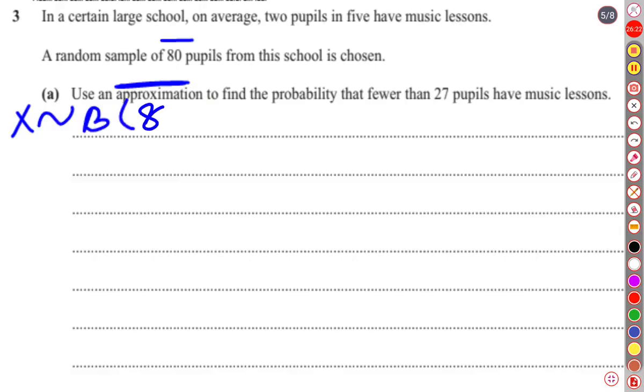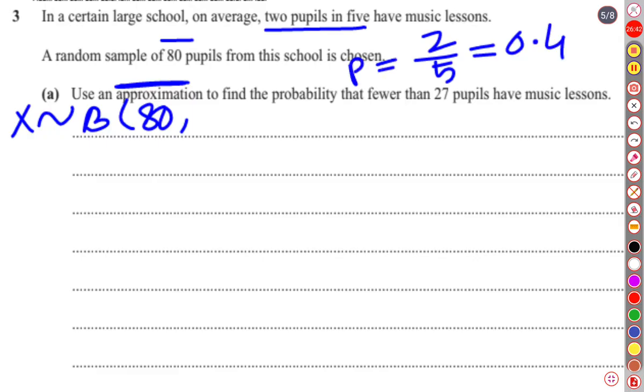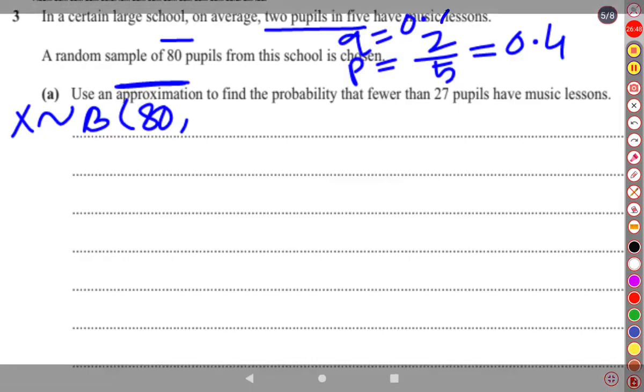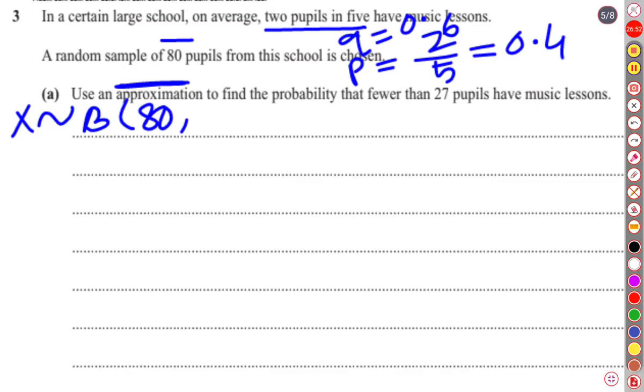N is 80 and probability is what? 2 people in 5, so 2 over 5. 2 over 5 means how much? 0.4. Then if p is 0.4, q is going to be 0.6.